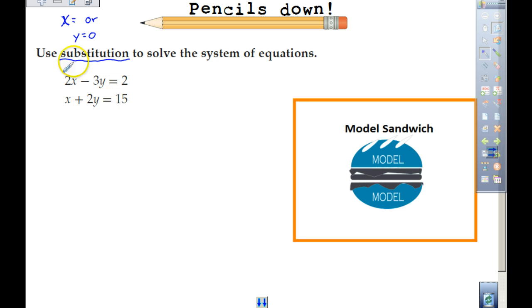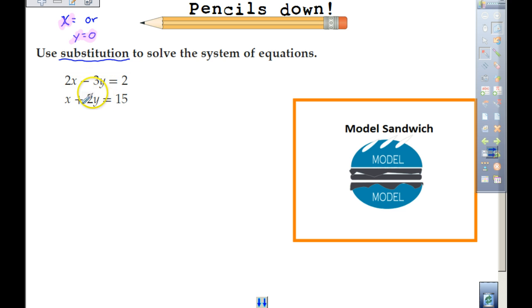Alright, so ask yourself, which one of these would be the easiest to solve for x equals or y equals? Which equation, top or bottom? Bottom. And how do you know that? Well, if I was going to solve this for x, I would have to add 3y and divide by 2. If I solve this for y, I'd have to subtract 2x and divide by negative 3.